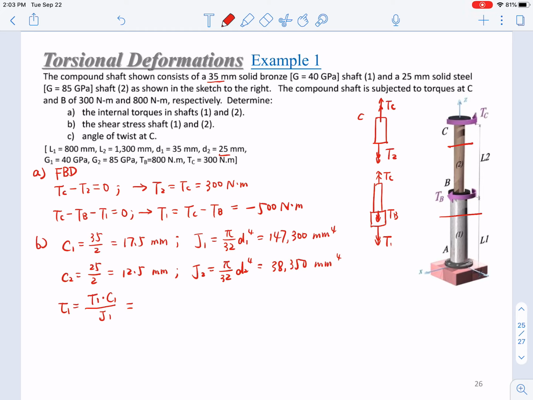I will give you the result directly and you try it out, to double check, validate and verify my result. Tau 1 is 59.4 MPa, and tau 2, which is T2 c2 over J2, is 97.8 MPa.